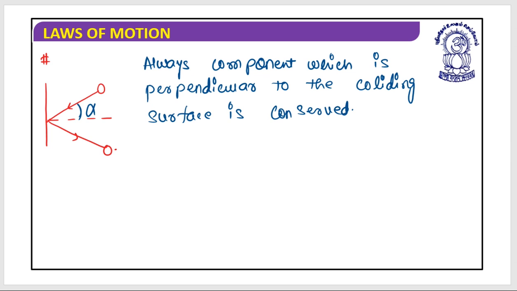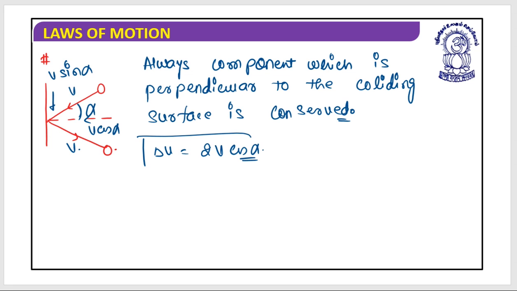So you need to always consider only this: that this is V cos alpha, and that should be equal to V sin alpha. So delta V, because this is the same velocity, would be equal to 2V cos alpha. This would be the final answer.